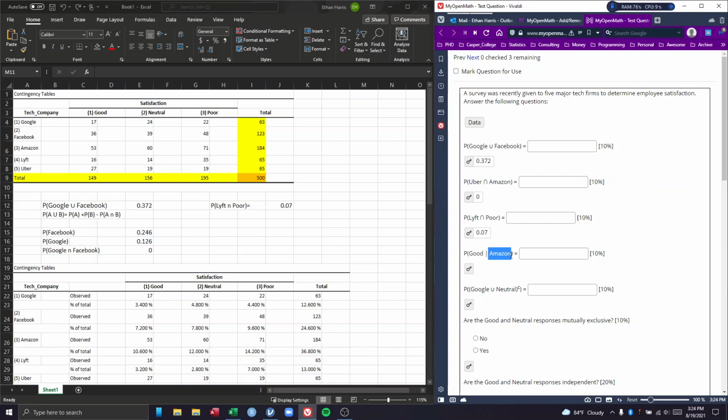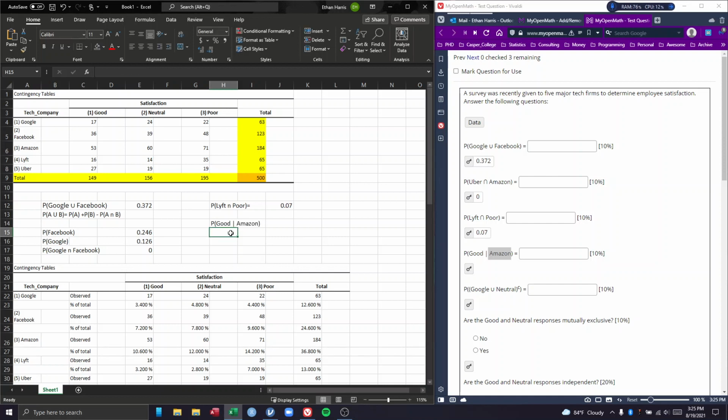Okay, so here's what we can do. We can go ahead and write out this probability statement. So our probability statement is good given Amazon.